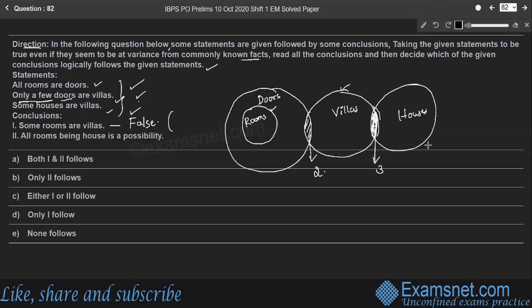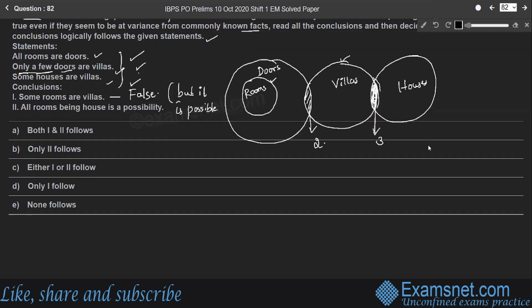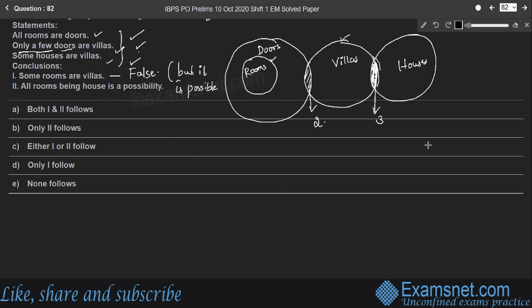But it is possible under some conditions, right? What are the conditions here? Some rooms are villas is possible. So if I will draw this. So here the small set is set of rooms and set of doors. If the set of villas, portion of villas is common to both doors and rooms, in which rooms is included, right?